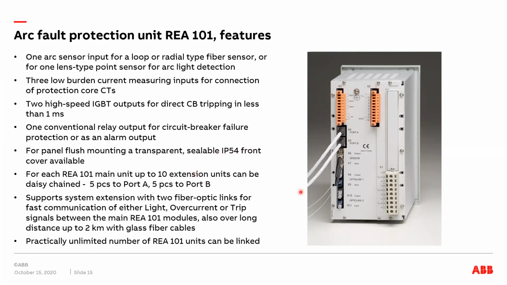And now for each REA 101 main unit, even 10 extension units can be daisy chained. 5 to port A, and another set of 5 extension units to port B. So altogether 10 per each REA 101.